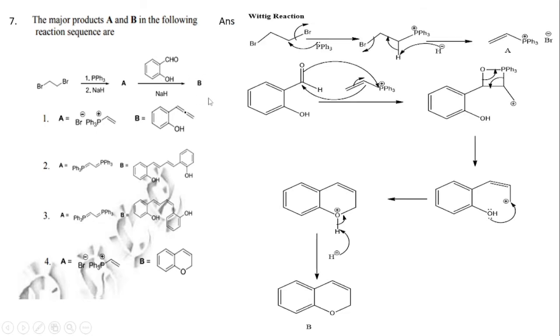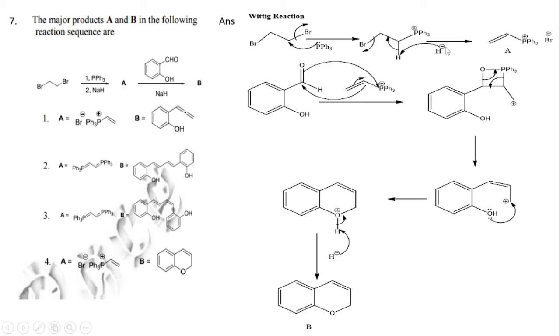Okay, let's see. This is a Wittig type of reaction. First, PPh3. Here they are giving this halide. So PPh3 will attack on this carbon, and due to the attack of this PPh3 on this carbon, there will be release of this bromide ion. So it leads to Br CH2 CH2 PPh3 plus.